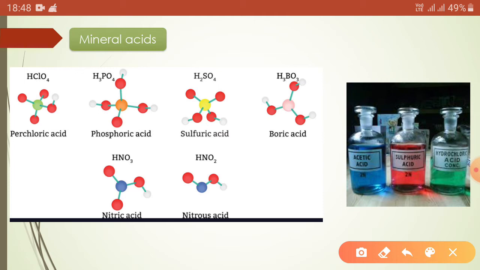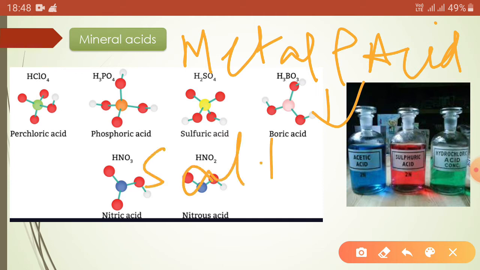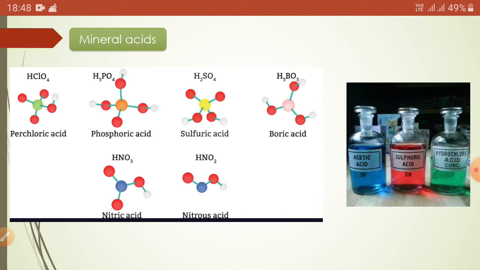So if I take metal and acid, it gives us salt and hydrogen gas. Keep in mind that acid gives hydrogen gas along with respective salts when they react with a metal.